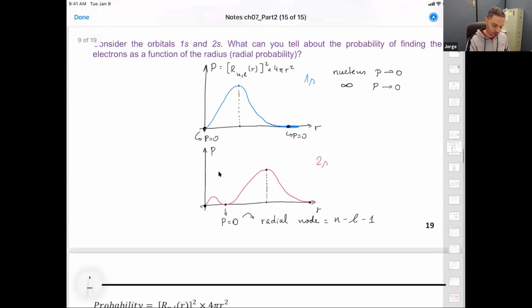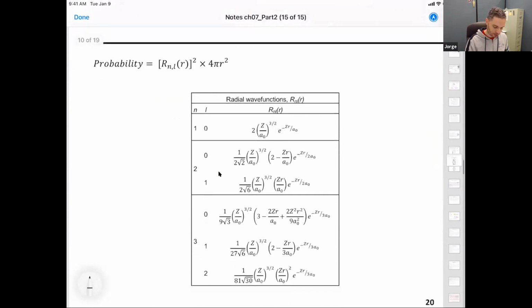And then you are going to get all the probability graphs. Okay, so I am showing here the radial function for the 1s orbital, 2s, 2p, 3s, 3p, and 3d. Z here in the equation is the atomic number, and A0 is a constant called Bohr's radius. Okay, so you can find that in the book.